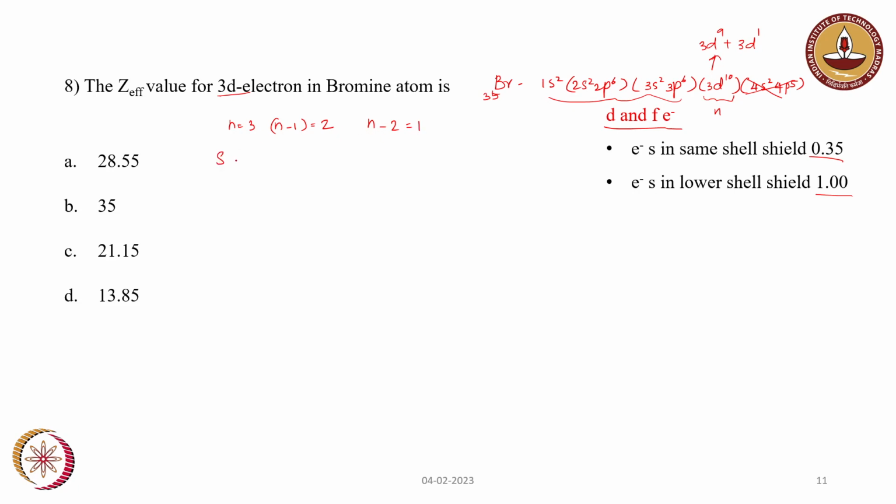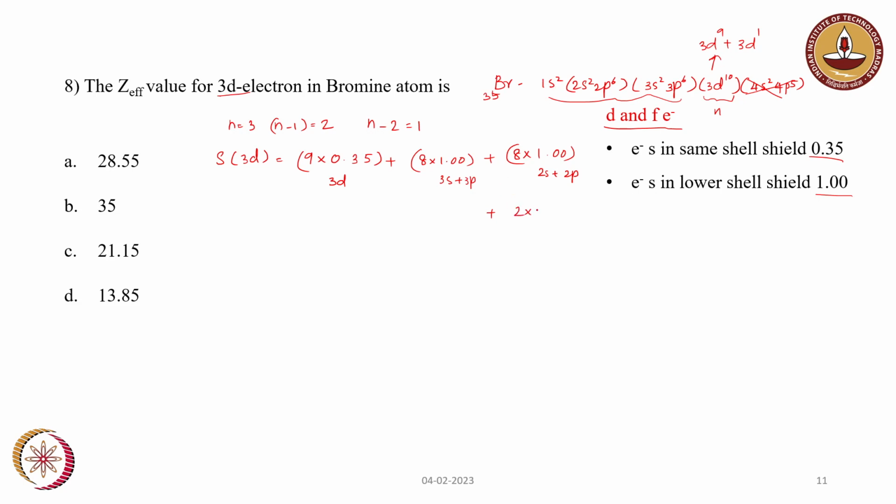So S of 3d is given as, there are 9 3d electrons, so 9 into 0.35 for 3d, and there are 8 electrons in 3s and 3p, 8 into 1, then in 2s and 2p there are 8 electrons again, plus there is 1s and it has 2 electrons.